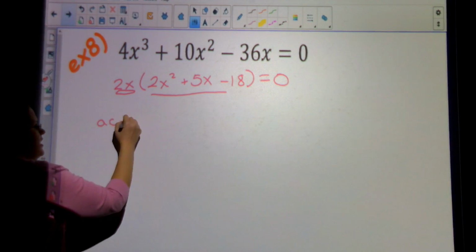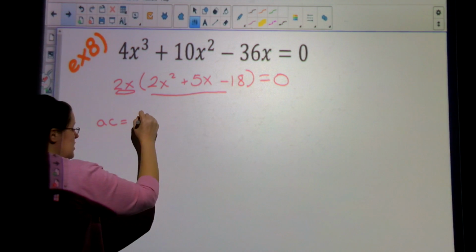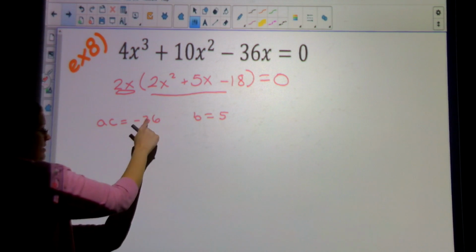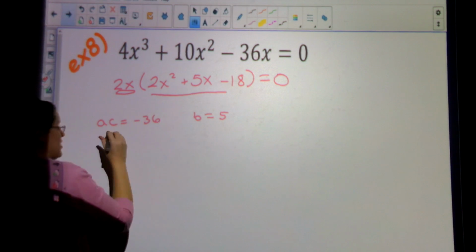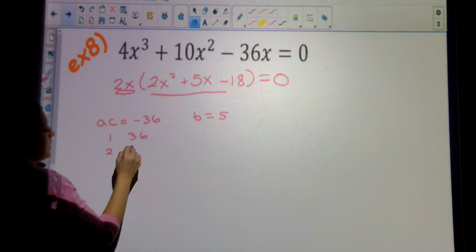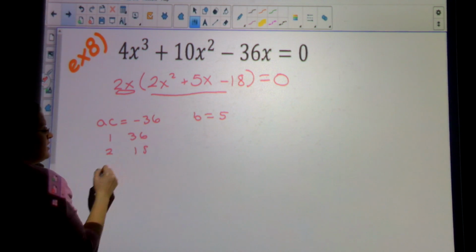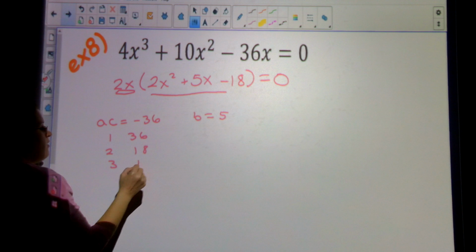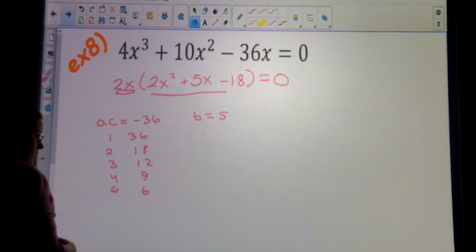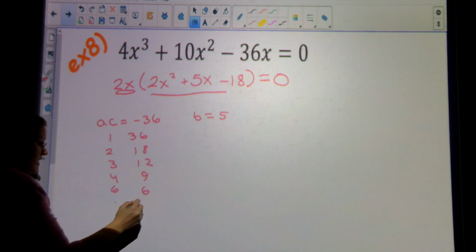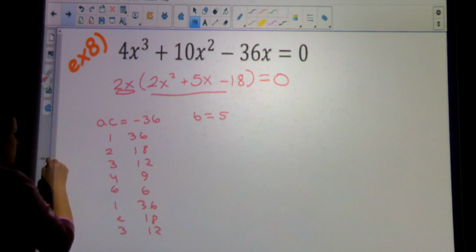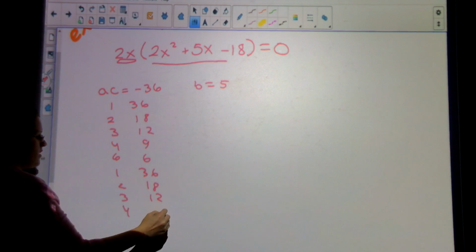So AC is 2 times negative 18, negative 36. B is 5. Now, once again, it multiplies to be a negative number. They're different signs, so I could have 1 and 36. Just going to list my pairs first: 2 and 18, 3 and 12, 4 and 9, 6 and 6. So, a couple things could happen. I'm going to write the exact same pairs down again, just to show you all the possible options.